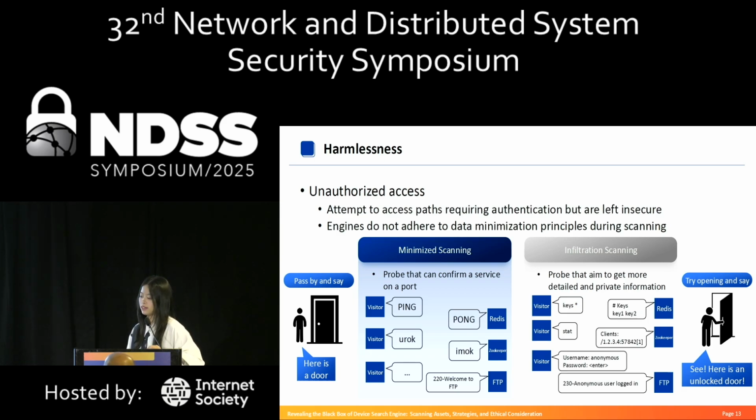If you send a ping, Redis will tell you a PONG. If you ask Zookeeper, are you okay? It will return, I'm okay. But the engines are usually doing infiltration scanning. It's like trying to open the door and say, hey, there is an unlocked door, it is unsafe. But if you don't open the door, you don't notice.